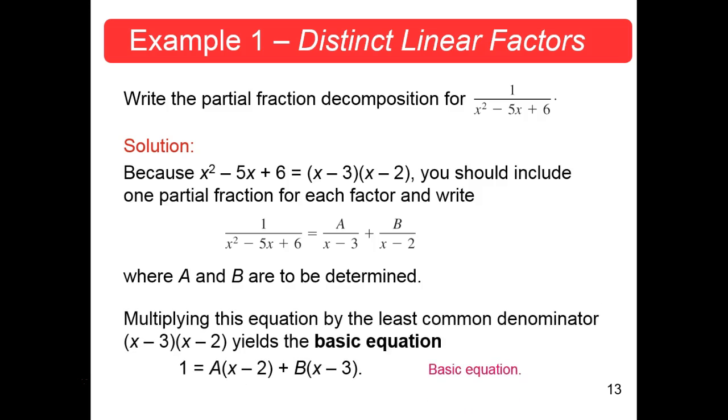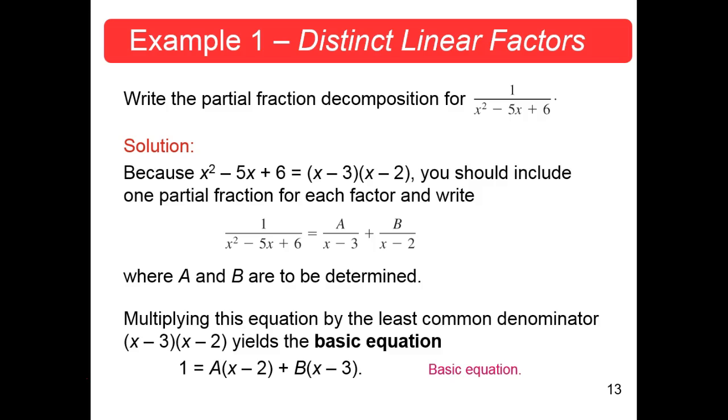Multiply both sides of the equation by the factored form, x plus 2 times x minus 3 times x minus 2. This one goes away, leaving you a 1. The x minus 3's go away here, leaving you a times x minus 2. And the x minus 2's go away here, leaving you b times x minus 3.